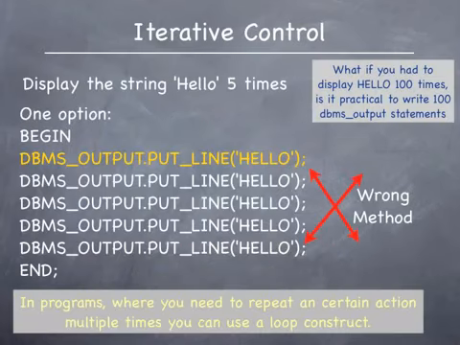In my earlier tutorials, I showed you this example program, which was written to display the word hello on the screen 5 times. Notice that the program has been written with 5 DBMS output line statements, all of them displaying the word hello on the screen. I also explained that this program has been written with very poor programming logic because the action that had to be done was the same.